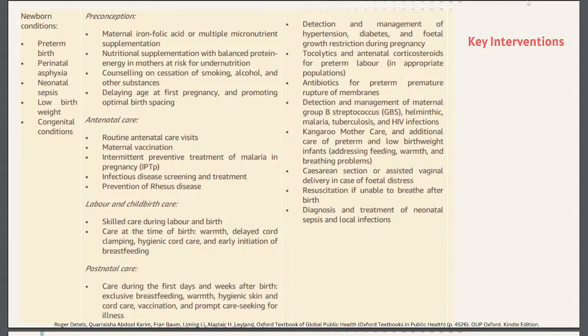Up till the age of 6 months, all babies have to be given only mother's milk and nothing else. So please drill that into your head, and that is the most important intervention when we talk about preventing child deaths. Warmth, hygienic skin and cord care, vaccination and prompt care seeking for illness.